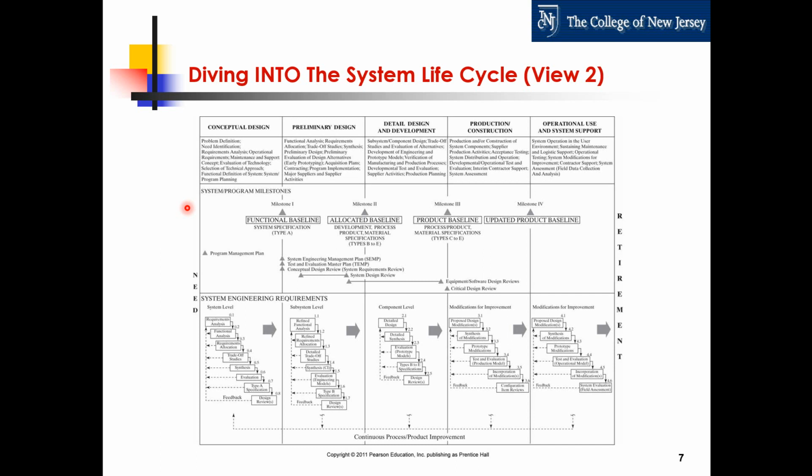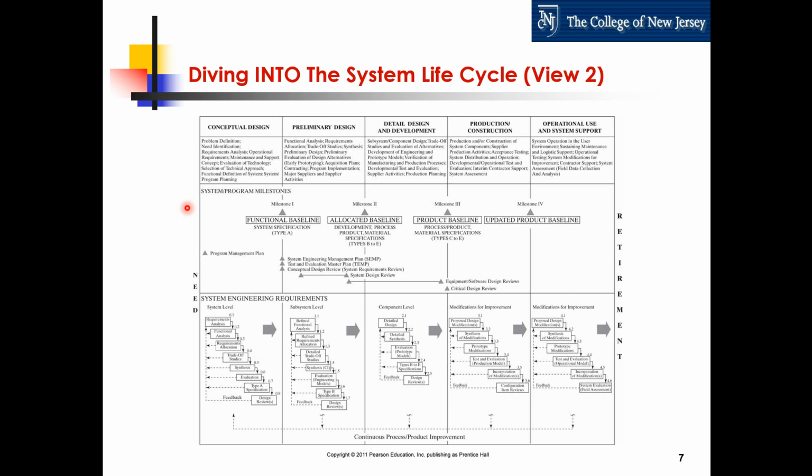And also towards the bottom of that second part, there are reviews also as part of this baseline. So we have conceptual design review or system requirements review. We're going to talk about that in detail.